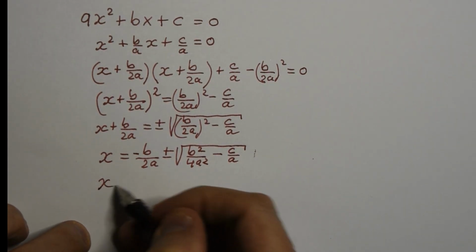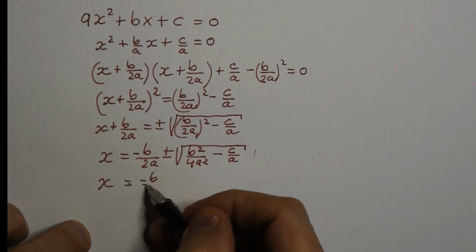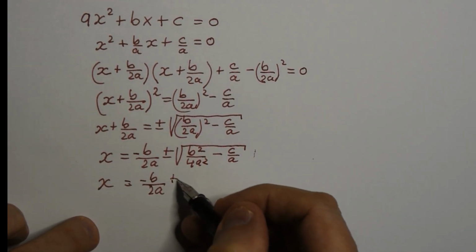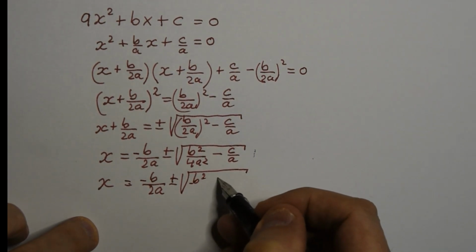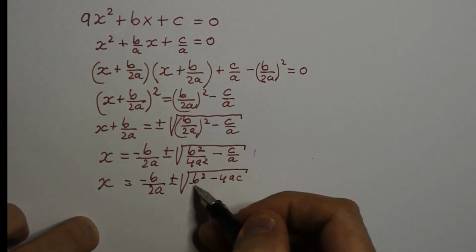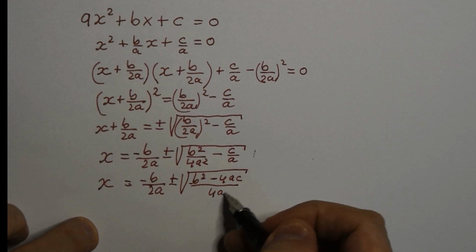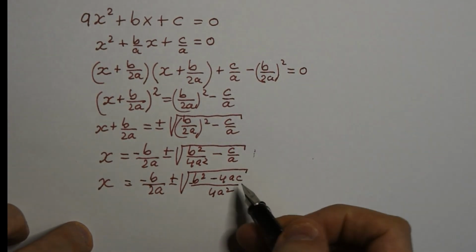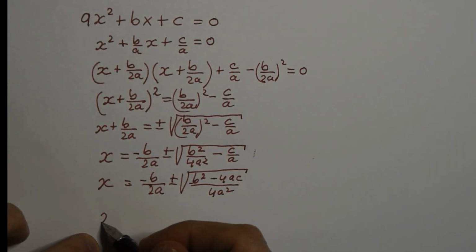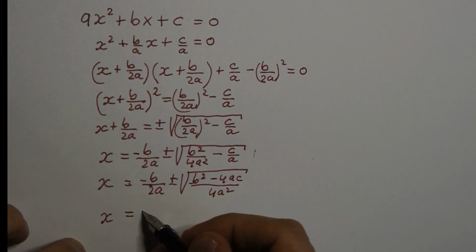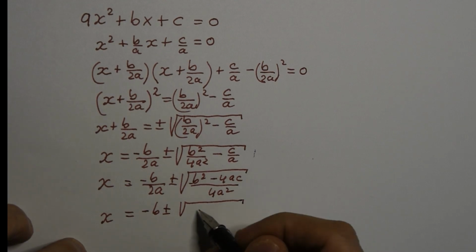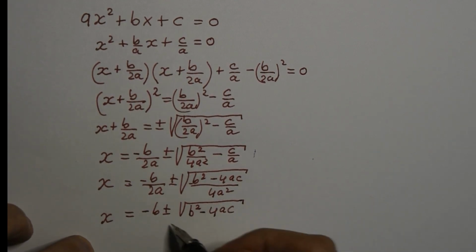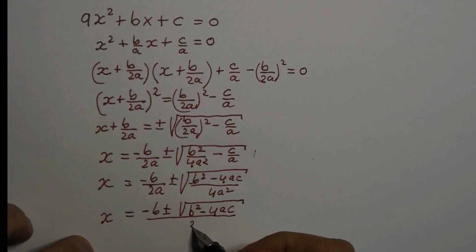So we get x equals minus b over 2a plus minus the square root of b squared minus 4ac divided by 4a squared. And we can simplify this a little bit to x equals minus b plus minus the square root of b squared minus 4ac divided by 2a.